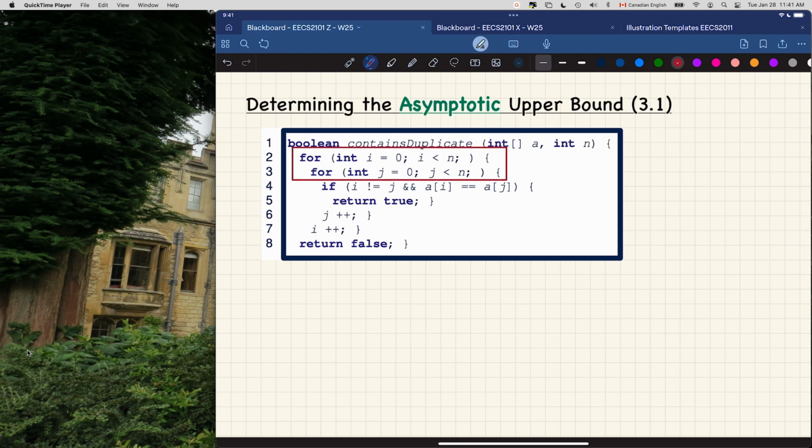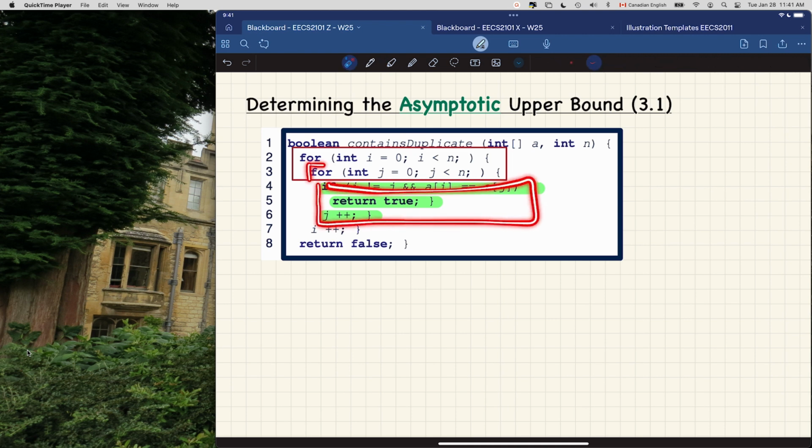Then you may want to look at two different blocks. Block number 1: line number 4, line number 5, and line number 6. These three lines are the body of the inner loop.